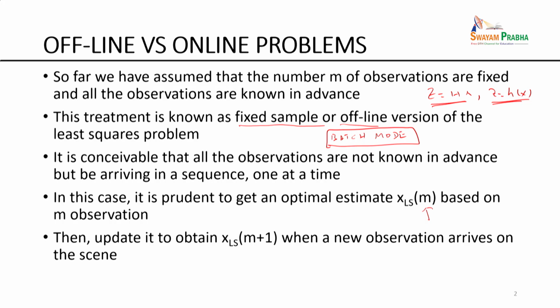The number m of samples in this case keeps changing. In the previous case, we assumed the m samples are fixed in advance. So x_LS,m is the least square solution based on m samples, where m varies from 1, 2, 3, 4 all the way up as long as the data keeps coming.